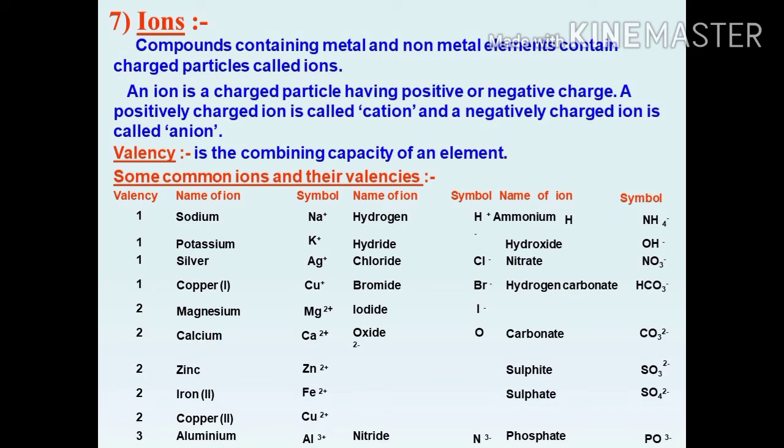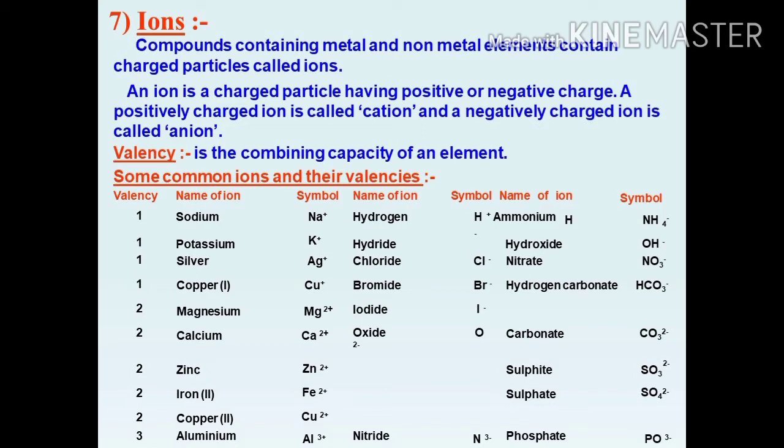An ion is a charged particle having a positive or negative charge. A positively charged ion is called a cation. Keep it in your mind. A positively charged ion is called a cation and a negatively charged ion is called an anion.